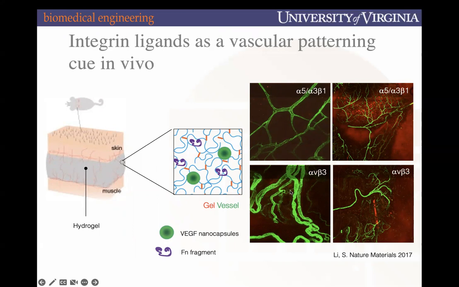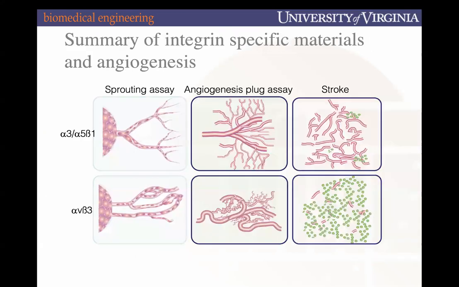They become way more tortuous and seemingly a little less stable. The summary here is that you can create constructs, specific peptides that promote engagement of certain integrins, as a therapy to regulate and control how blood vessels grow and to promote angiogenesis, which is super important for tissue repair and tissue regeneration.